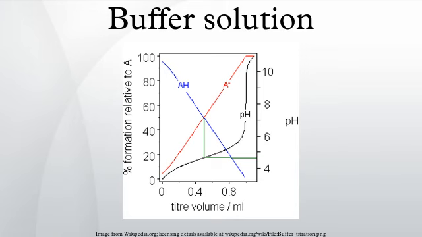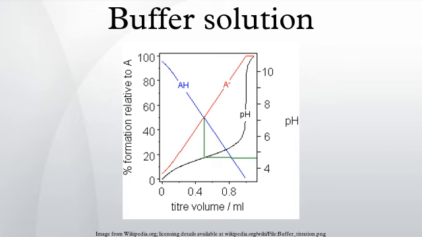Buffer capacity is proportional to the concentration of the buffering agent, Ca, so dilute solutions have little buffer capacity. At very high pH, the third term predominates and β increases in proportion to the hydroxide ion concentration. This is due to the self-ionization of water and is independent of the presence or absence of buffering agents.